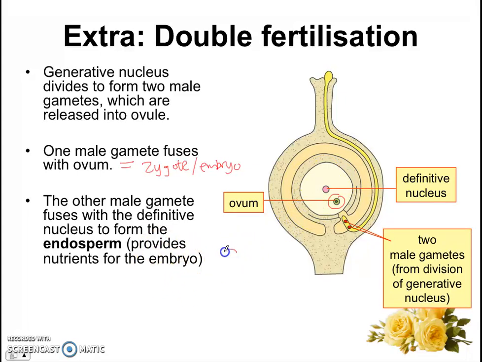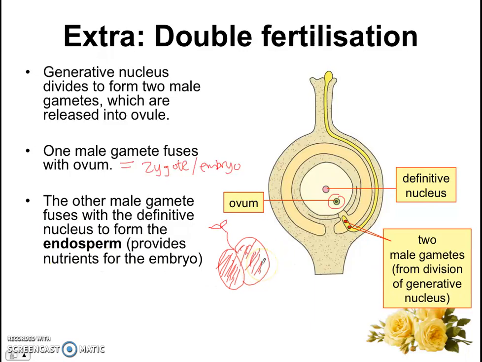If you've ever planted green beans before, you'll know that it has two seed leaves, and the embryo grows out from in between the seed leaves. The seed leaves provide nutrients for the embryo, and these seed leaves actually come from the endosperm.